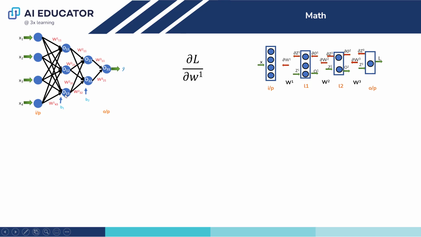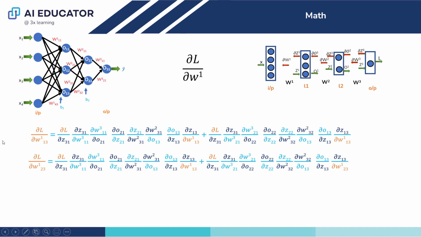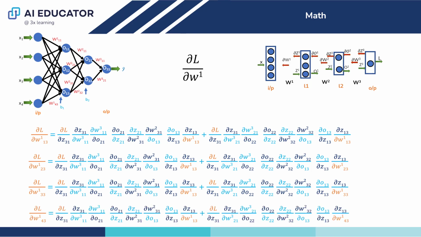Okay. And another way is going from this node to this node and from this node to this node and to the weight connections there. So the ∂L/∂W113 will be something like this. And here also a plus because we can go in two ways. In a similar way, we can calculate ∂L/∂W123 and ∂L/∂W133 and ∂L/∂W143.